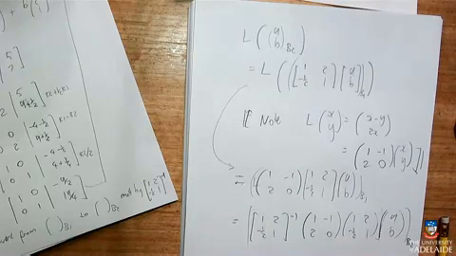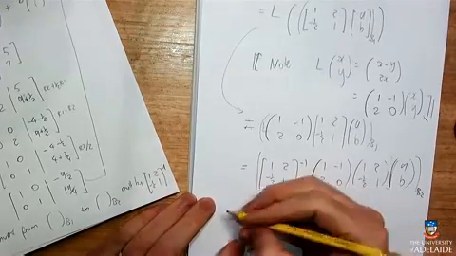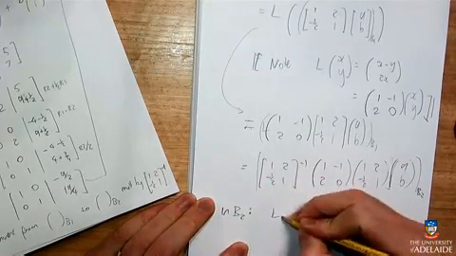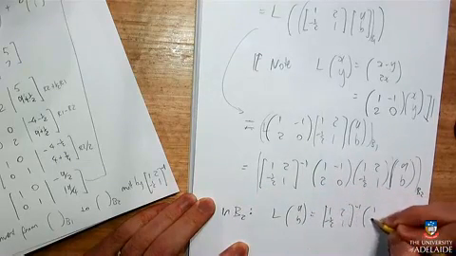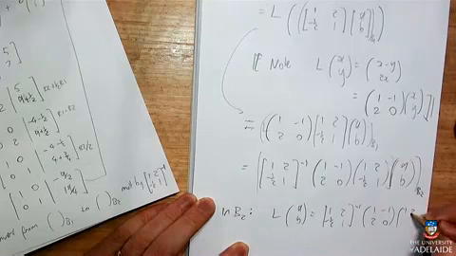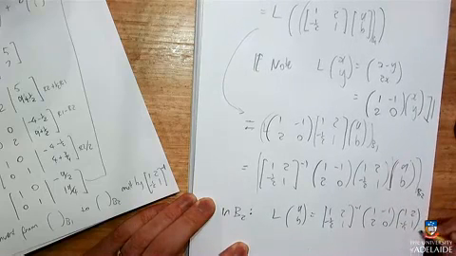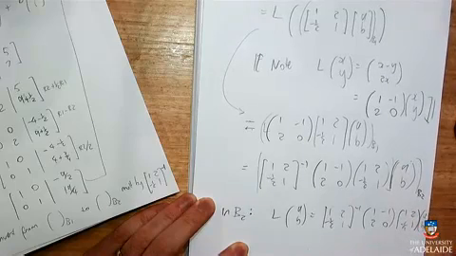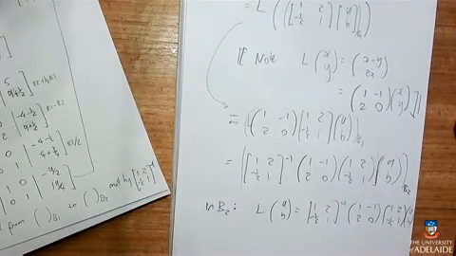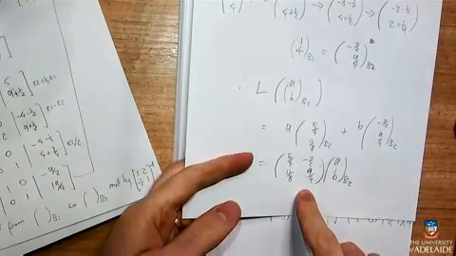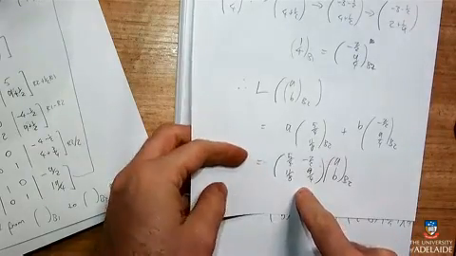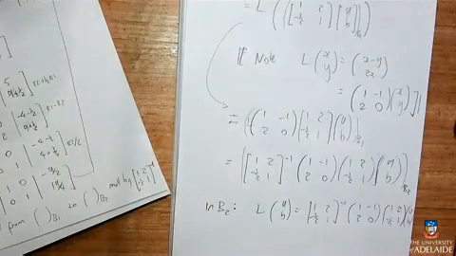So now we've figured out that if I'm doing everything in terms of B2, so in basis B2, L of (A, B) is (1, minus a half, 2, 1) inverse, (1, 2, minus 1, 0), (1, 2, minus a half, 1) times (A, B). Which would be a different matrix than it was before. And in fact, that should come out to this matrix here, hopefully. Possum agrees.